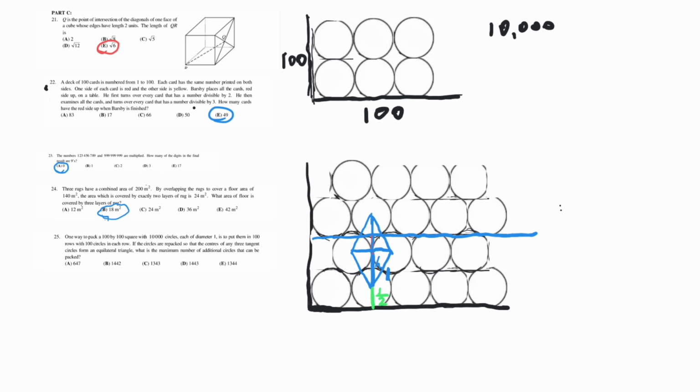If we find this height, we get this height too. We use the height minus this radius to get the black part.